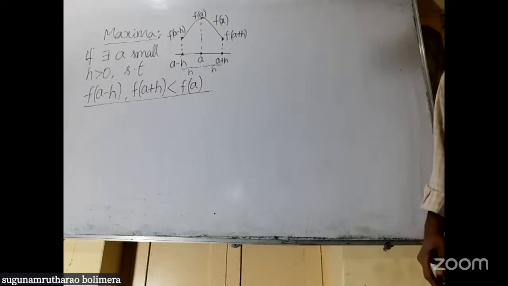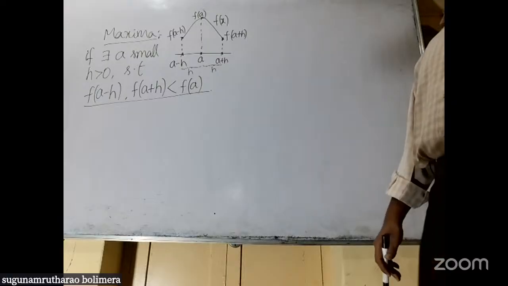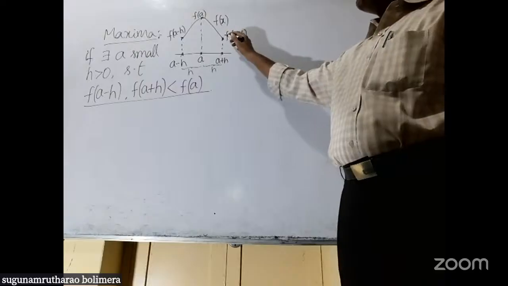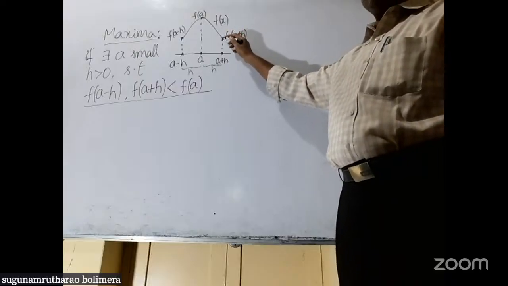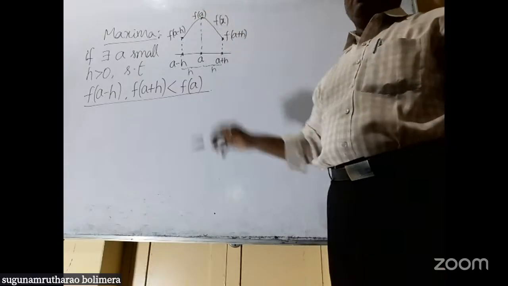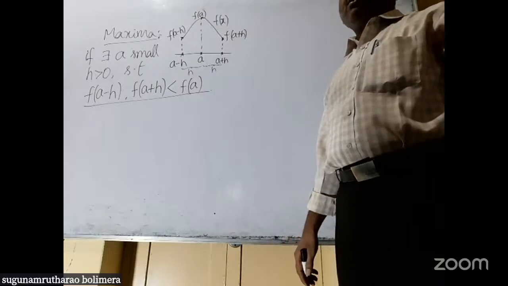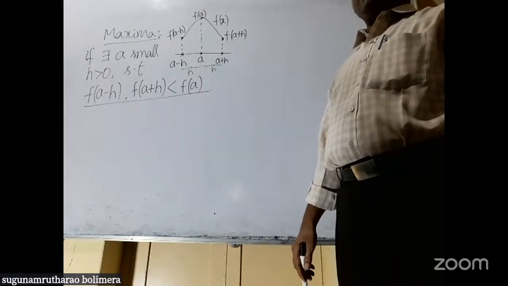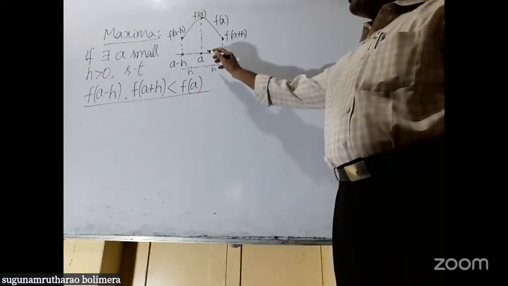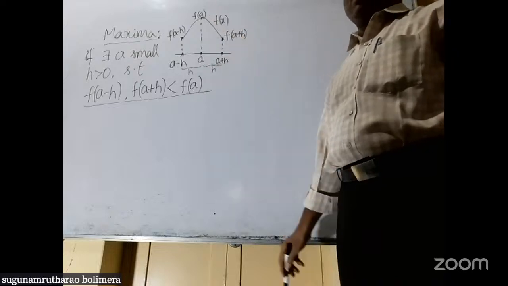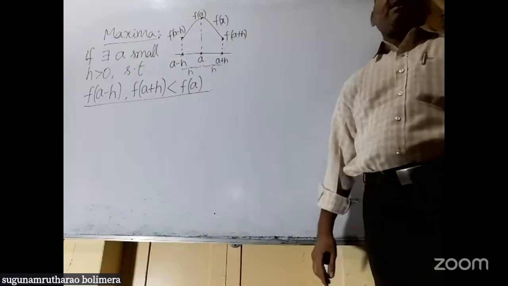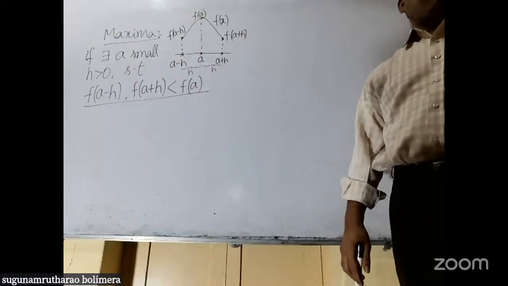This is the actual definition. If there exists a small h greater than 0 such that f of a minus h and f of a plus h are both less than the function value at a, then you can say f of x attains maxima at x equals a. Write down: here, f of a is the maximum value.